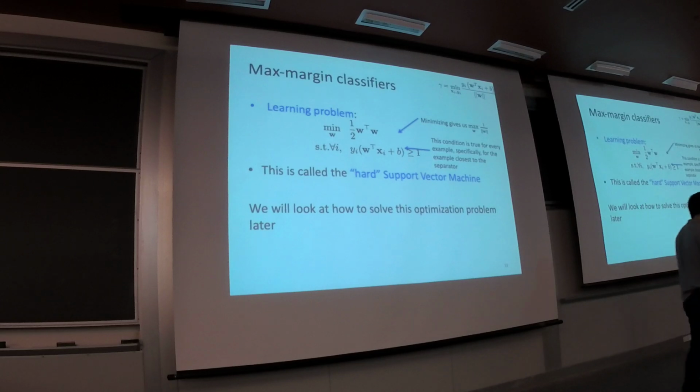Why? Because we assume the data is linearly separable. Then at the end of the last lecture, we asked, what if the data is not linearly separable? What will happen if we are still trying to solve this hard SVM?